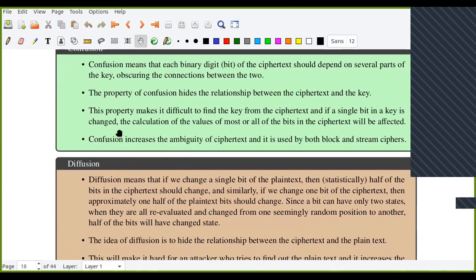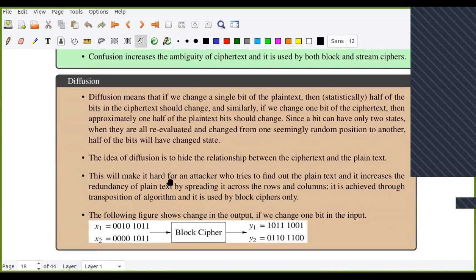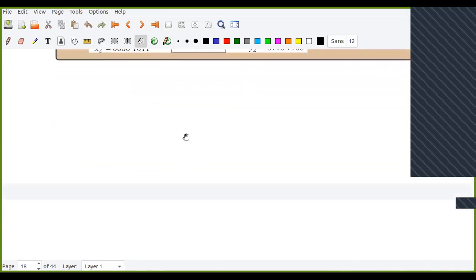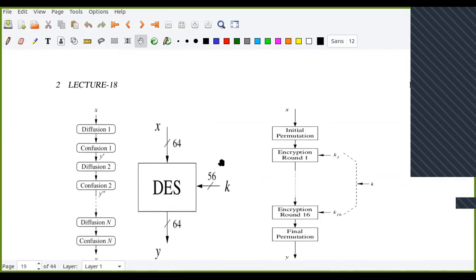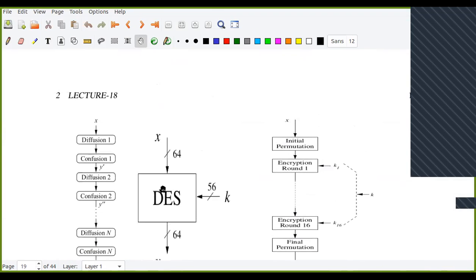So if you apply confusion and diffusion several times, it is possible to make decryption very, very tough. That is the idea for DES. What does DES mean? Data Encryption Standard.